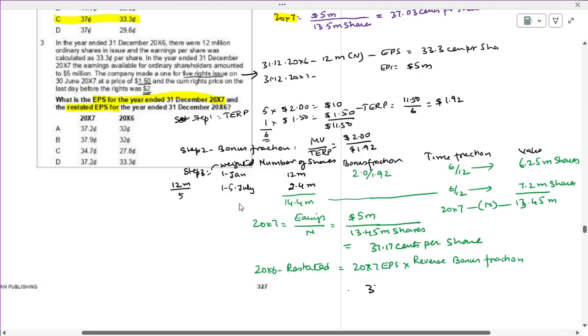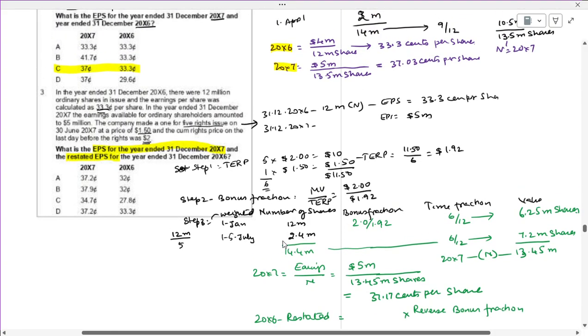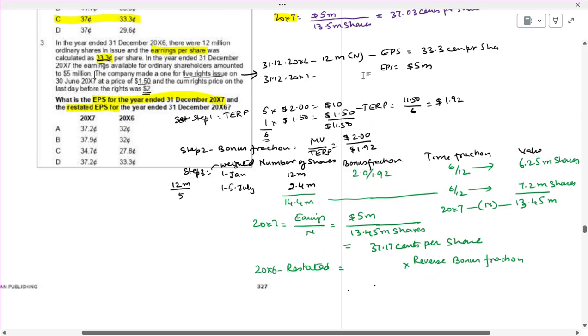They have given the EPS for the year. What is the EPS of 2006? There are 12 million shares and the earning per share is 33.33. Restated EPS of 2006 is based on the 2006 EPS.